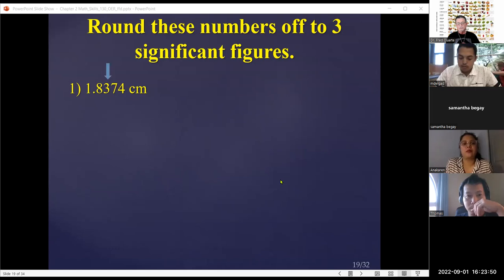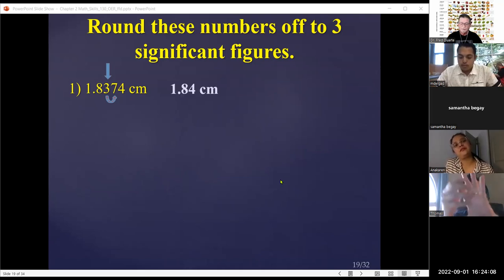Now the question is, does that 3 go to a 4 or does it stay a 3? Well, we look at the neighbor in the rounding rules. That's the 7. We don't care about the 4. We just care about the immediate neighbor. 7 is greater than or equal to 5. Therefore, the 3 becomes a 4. And that's the answer you will present with the correct number of sig figs.